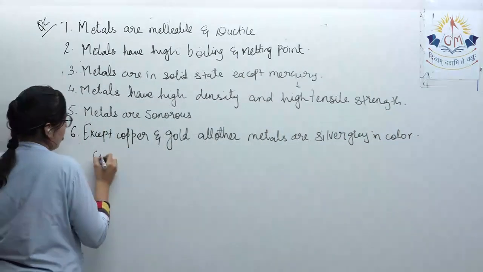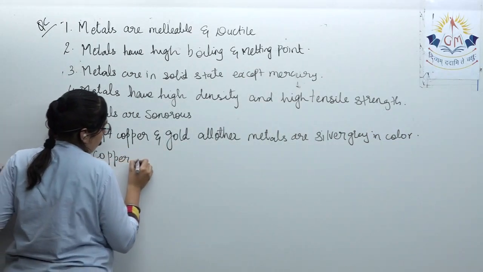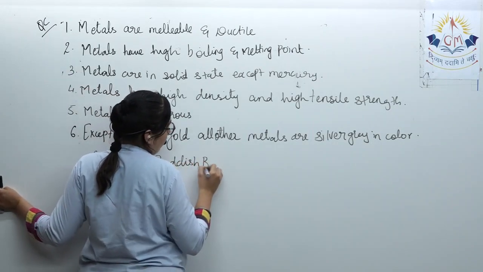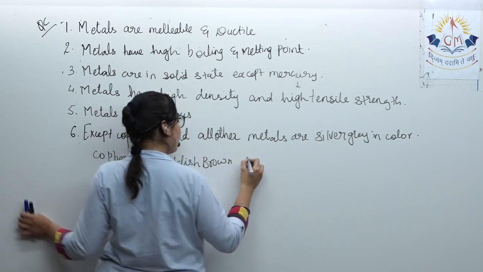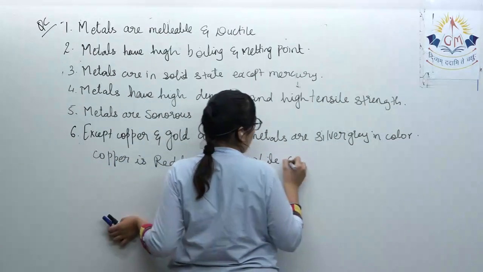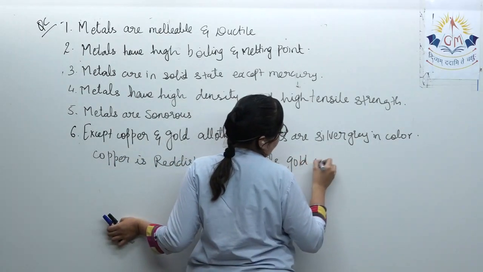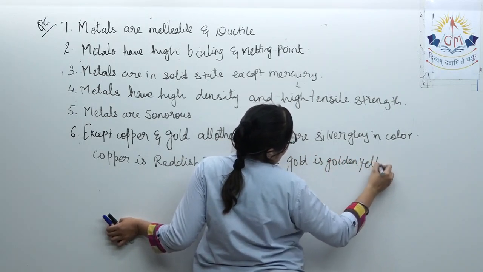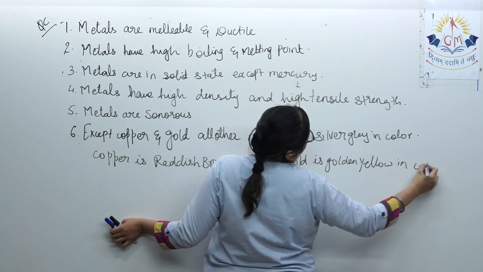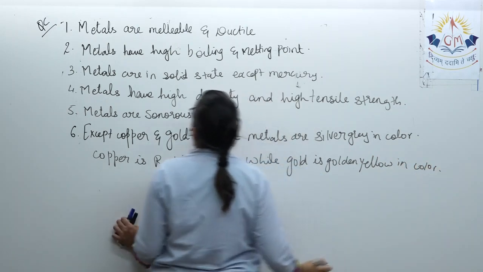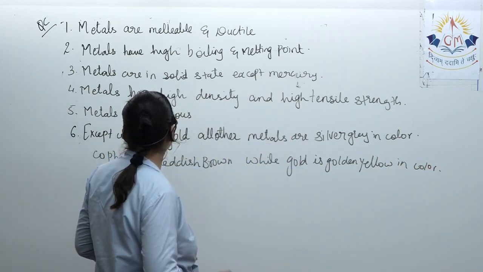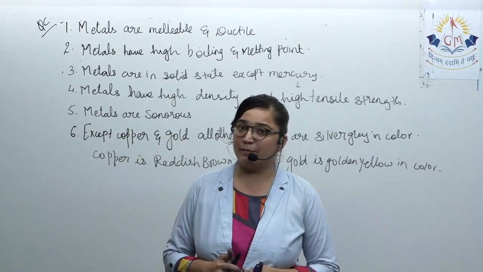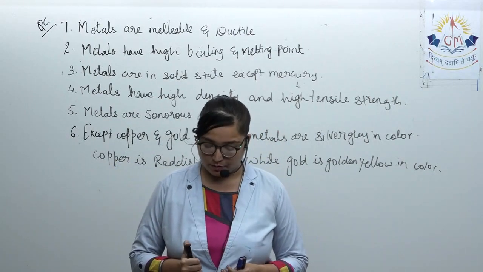Copper is reddish brown, while gold is golden yellow in color. Okay, so these are few very important. For 3 marks you need to mention minimum 6 physical properties.